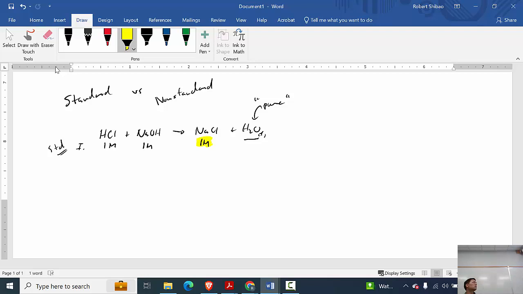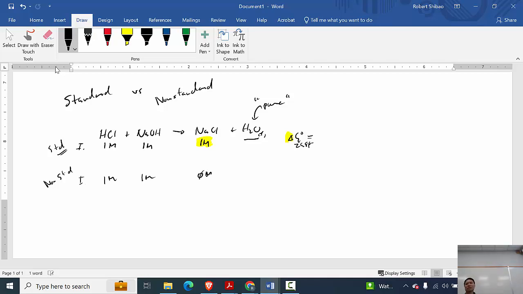So if we do this under standard conditions, this is our driving force here. This is our delta G under standard conditions. If we do this at 298 Kelvin, then it's fine. But this would be non-standard. The non-standard initial is 1 molar and 0 molar.